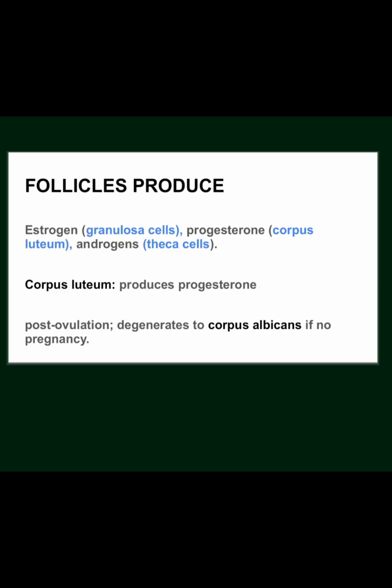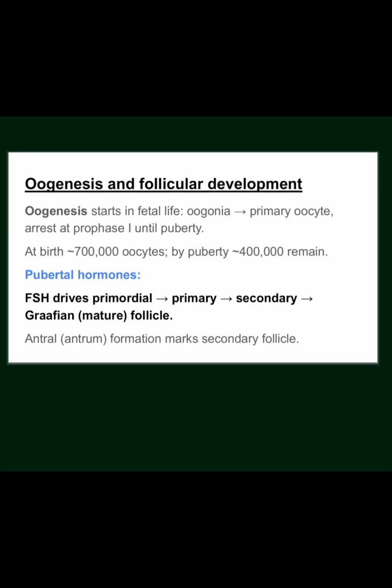With that being said, we want to talk about oogenesis and follicular development. Oogenesis starts in fetal life. The oogonia develop into a primary oocyte, and there's arrest at prophase I until puberty.